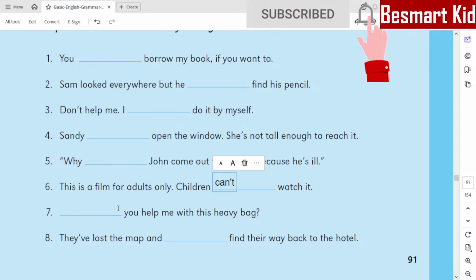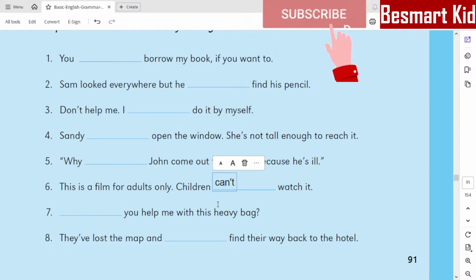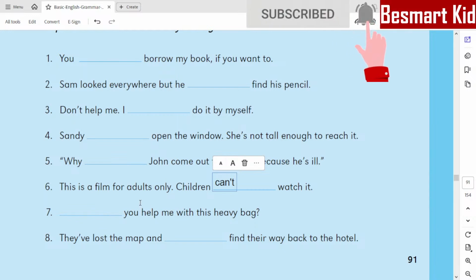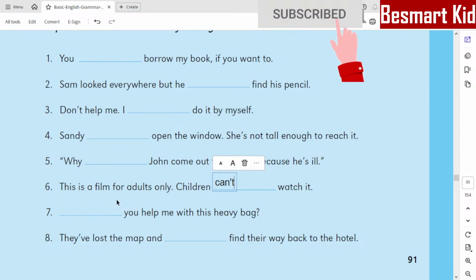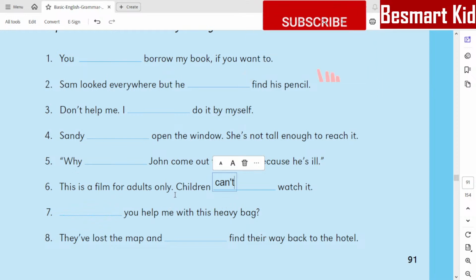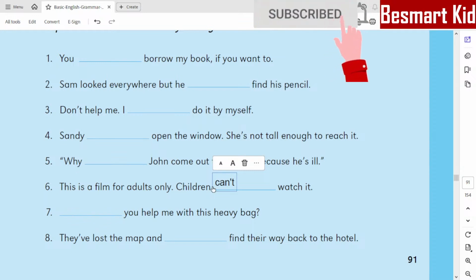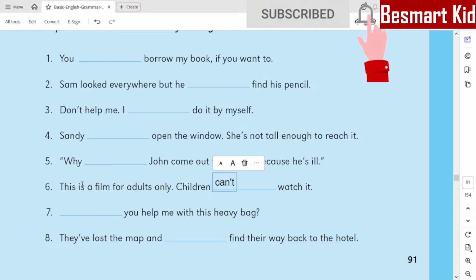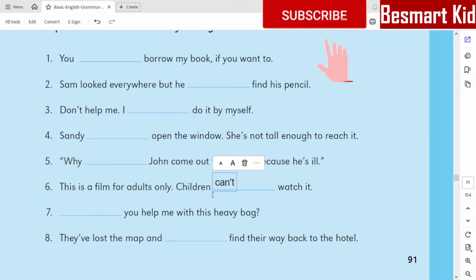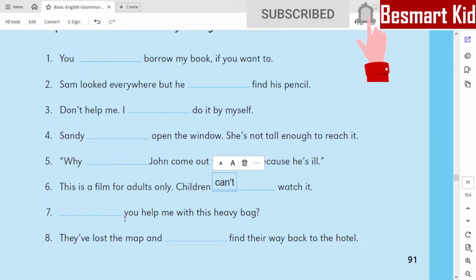No. But you can say, can you help me with this heavy bag? Because you can start with the negative, then finish with the positive. But when there are two sentences, one must be positive and one negative. So you must be careful.